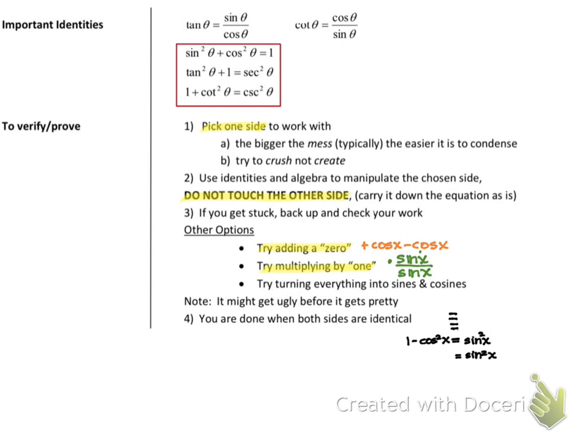However, 1 minus cosine squared x is sine squared x based off of the Pythagorean identity of sine squared plus cosine squared is equal to 1. So you do have an identity in here. So, I'm going to spend some time actually memorizing these guys.